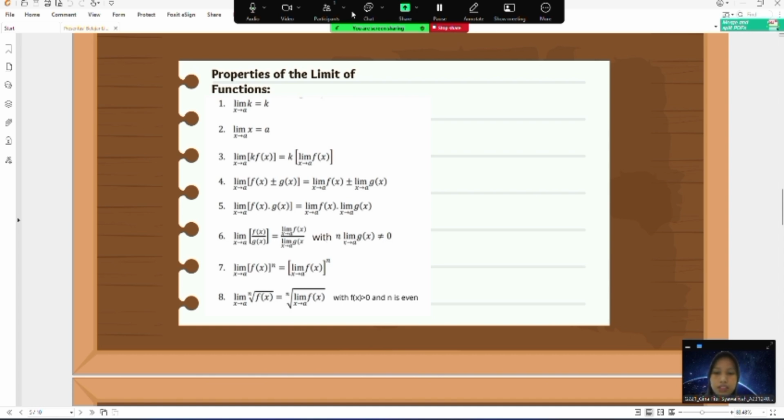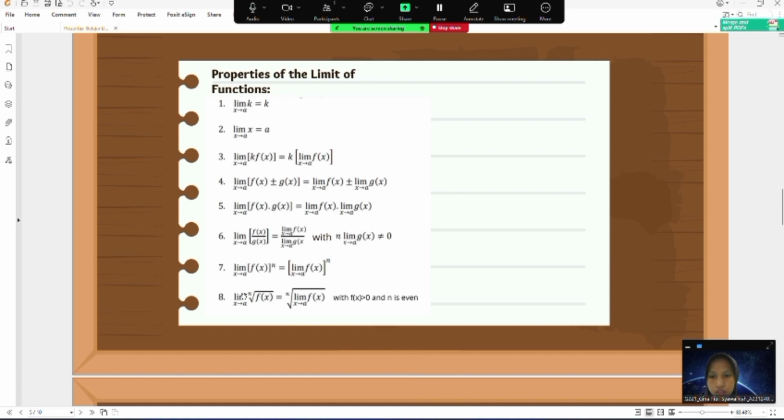Next, limit as x approaches a for f(x) over g(x) equal to limit x approaches a for f(x) over limit x approaches a for g(x), with limit x approaches a for g(x) not equal 0.